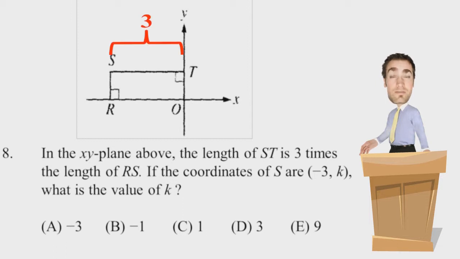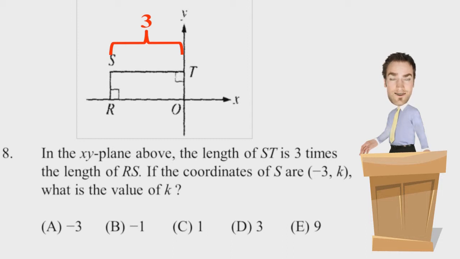So you're going to the left 3. Now if you know that 0 to R is 3, you know that S to T is also 3. So that tells us the length is 3. Remember, you can't have negative lengths, so the length of ST has to be 3.